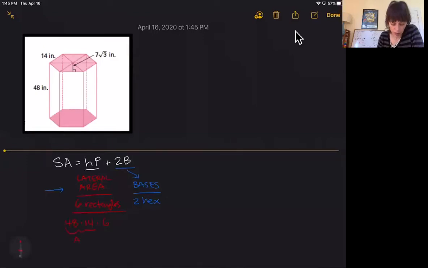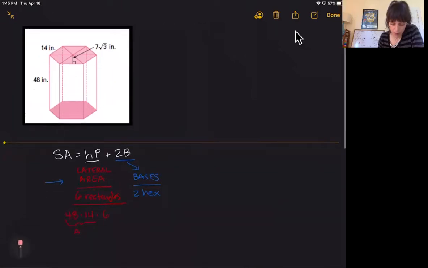But I want you to think about this a little bit differently. What if instead of thinking about this being the area of 1, we thought about this right here, 14 times 6, being the perimeter, and this being the height. And that will hopefully make more sense to you why we multiply the height times the perimeter.